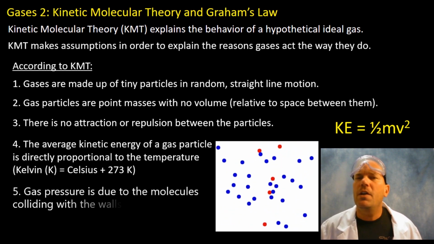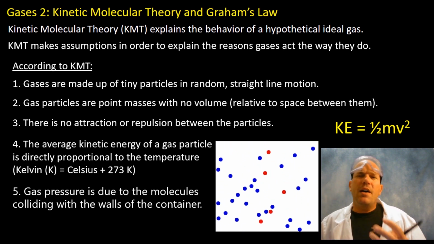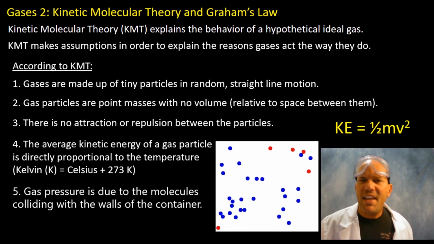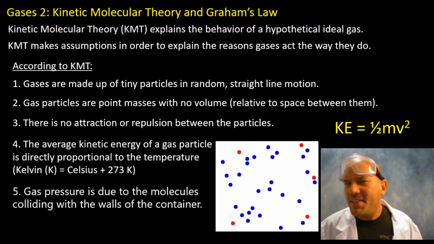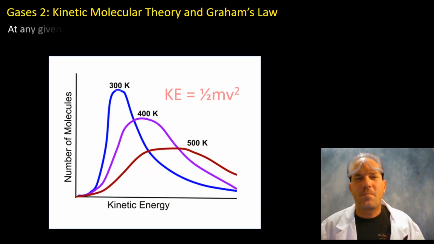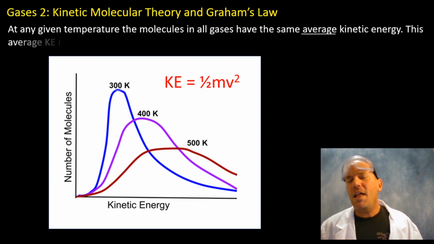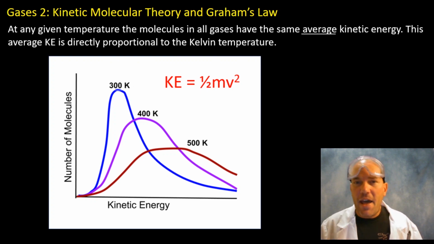Gas pressure is due to the molecules and the number of collisions that are occurring between the walls of the container or the vessel. And we explored that in a PHET simulation in gases video number 1. At any given temperature, the molecules in all gases have the same average, please underline average, kinetic energy.